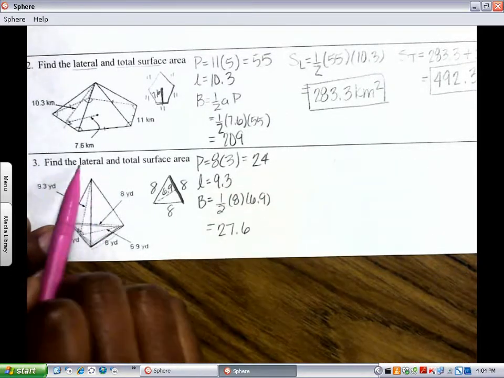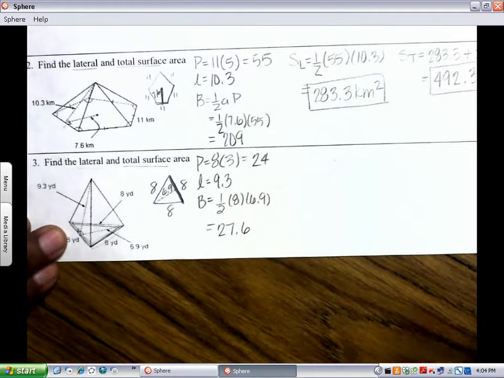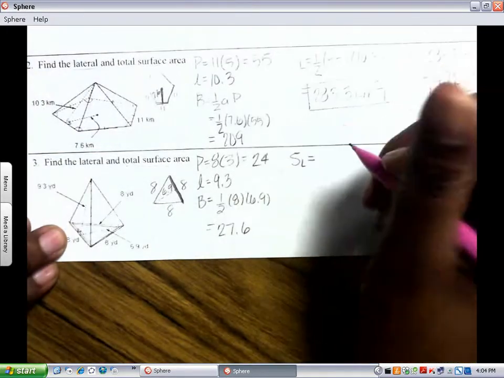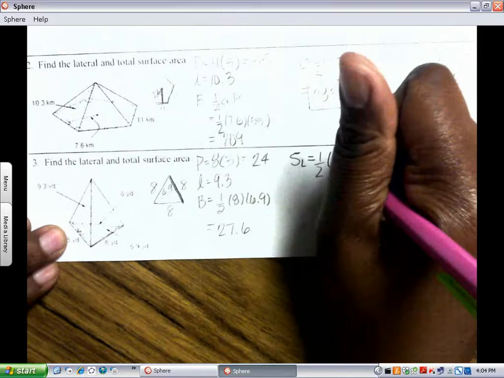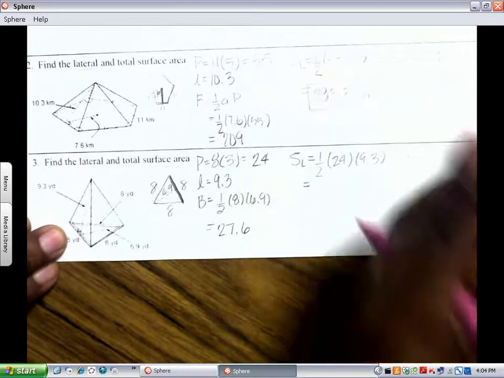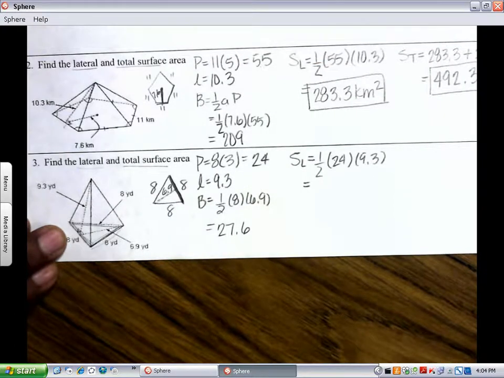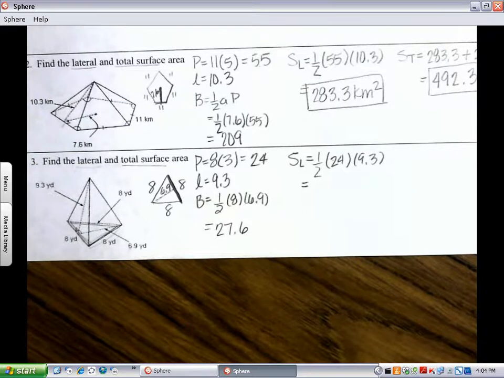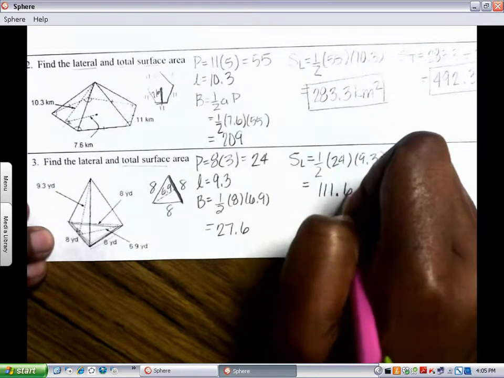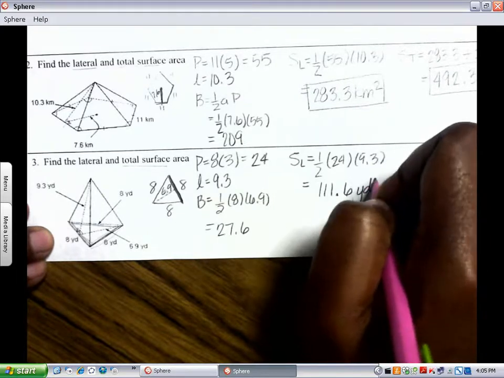We can find the lateral and the total surface area of this pyramid. So the lateral surface area is 1/2 times the perimeter times the slant height. Take a minute and see if you can finish this one. So if you calculated it correctly, it's 111.6 square yards. Alright?